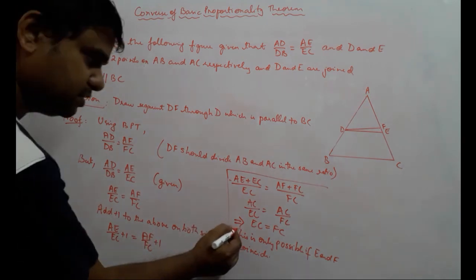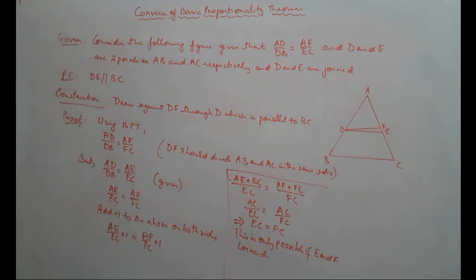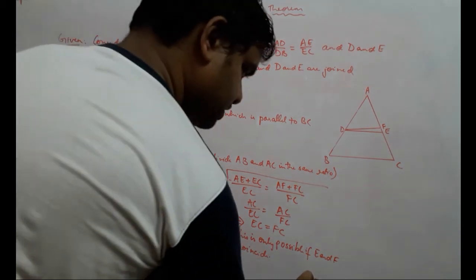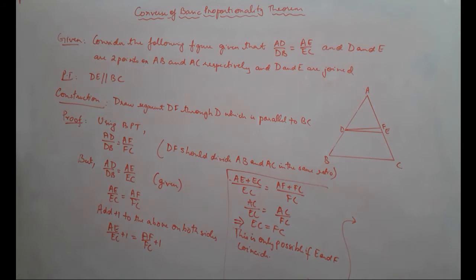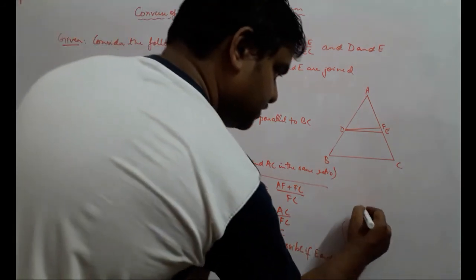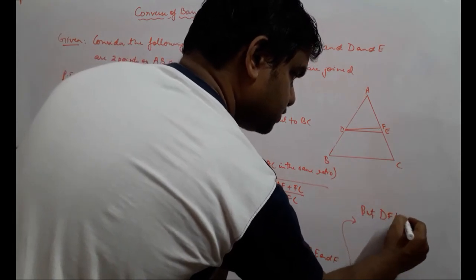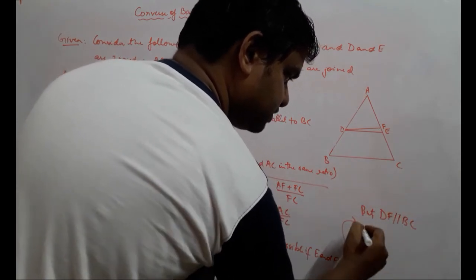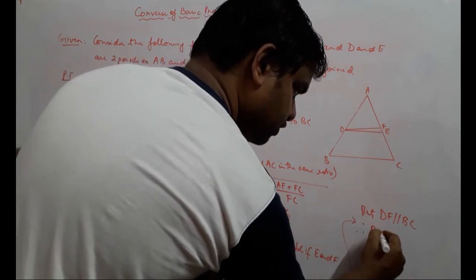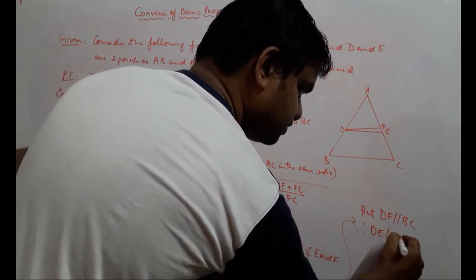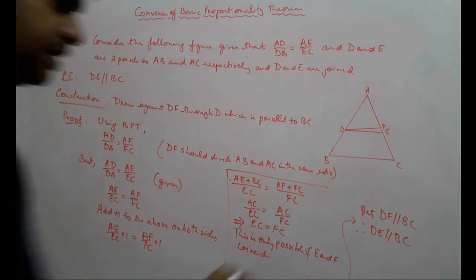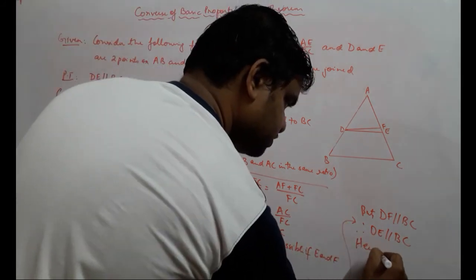That means they are the same point, and that is when the lengths will be the same. Then we conclude: DF was given parallel to BC, so therefore DE should also be parallel to BC, hence proved.